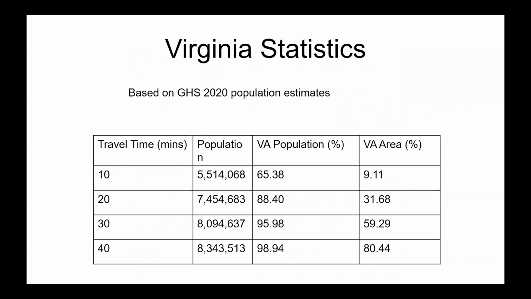So accounting for population density, the metrics look a little bit more optimistic. We can see that almost 66%, or rather 65% of the Virginia population is within 10 minutes of a hospital, and around 99% is within 40 minutes of one.